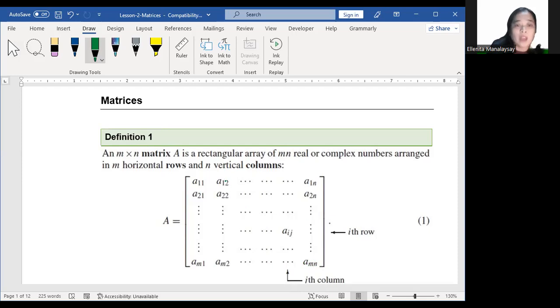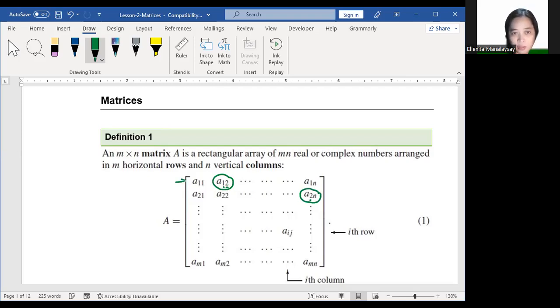So take a look at this element or entry A12. A12 is located at the first row, second column. This is the notation for that, and this will help us in identifying the location of a certain element or entry. Say A2N here is located at the second row.